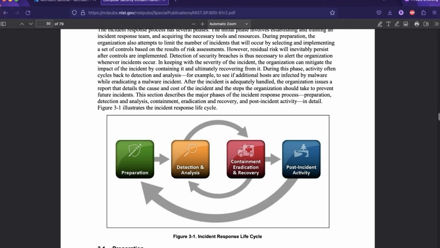With this, the organization will be developing a timeline for responding to the incident. It should also include the timeline for determining the cause of the incident, the recovery process, and the steps to prevent similar incidents in the future. So that is going to cover all of your security incidents.